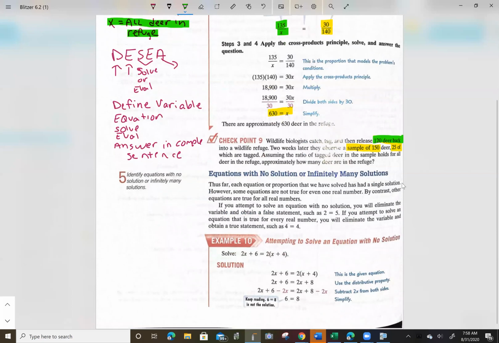Equations with no solution or an infinite amount of solutions. An infinite amount of solutions, if you're looking at two linear relationships, means that they are exactly the same line.